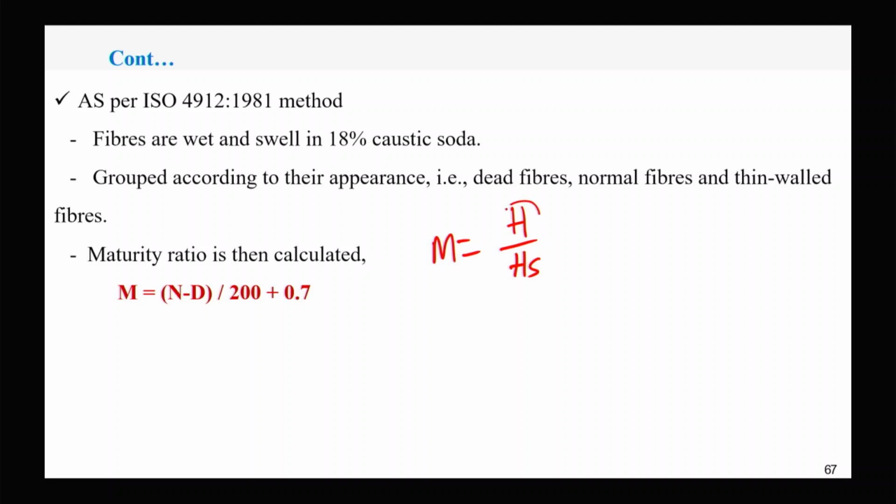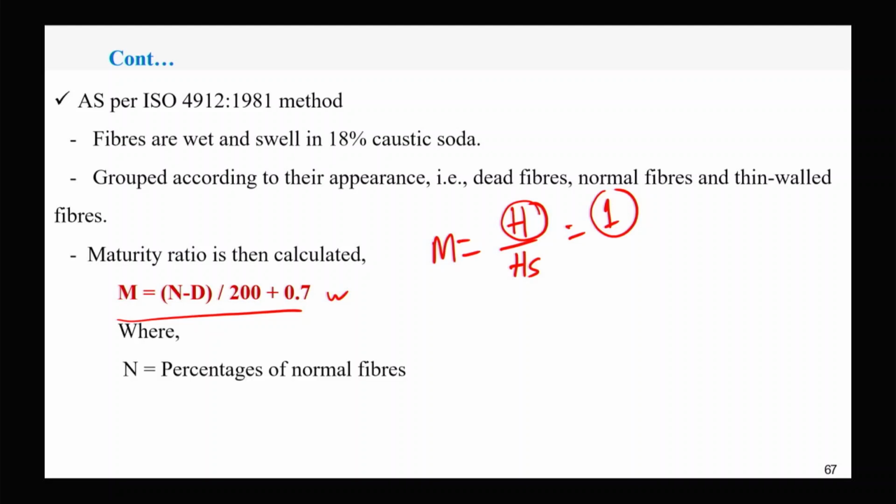So for standard fiber, it will become 1. That's why this empirical formula is set this way. One thing one should remember: this N and D are the proportion of fiber, not the actual number. Percent of normal fiber and percent of dead fiber.